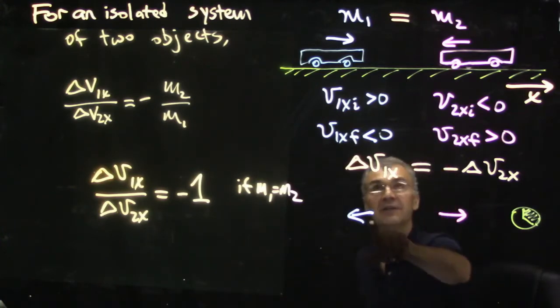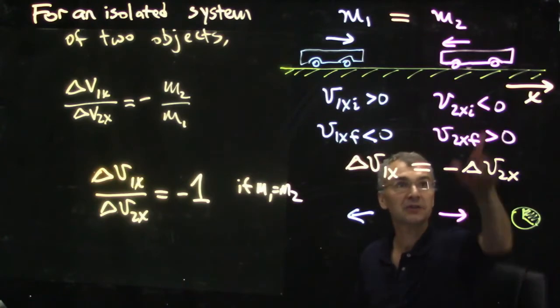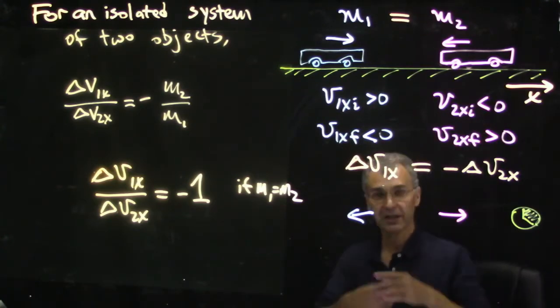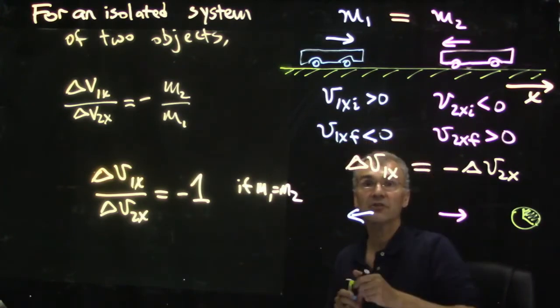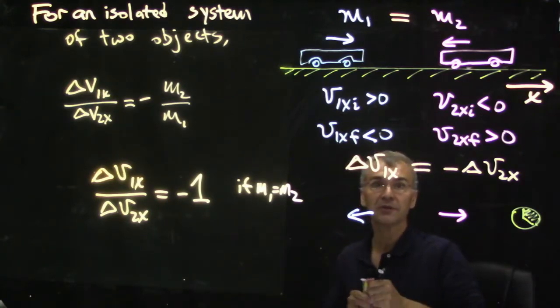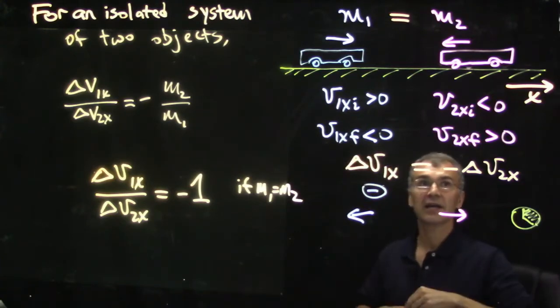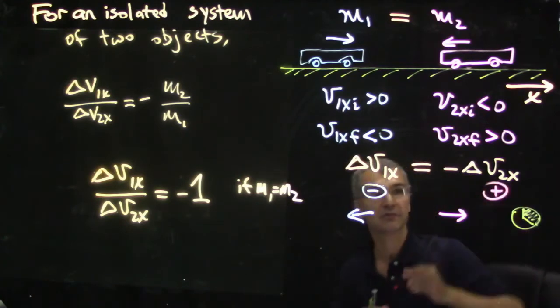So this is final minus initial. Final is negative, initial is positive, the x-coordinate. Here, final is positive, initial is negative, the x-coordinate. So negative minus positive is a negative change, and positive minus negative is a positive change.